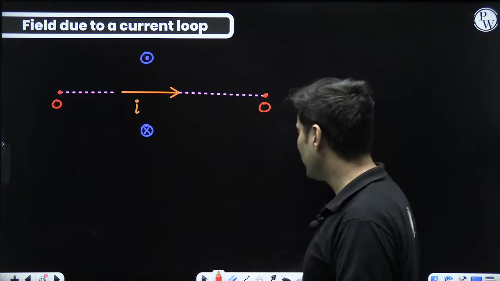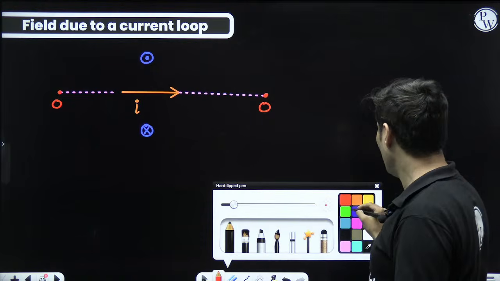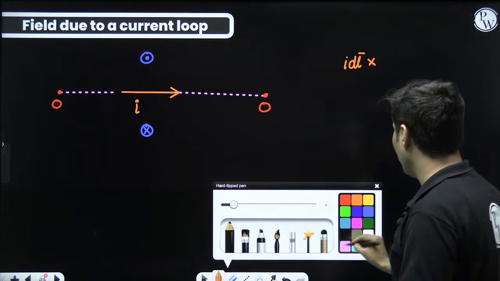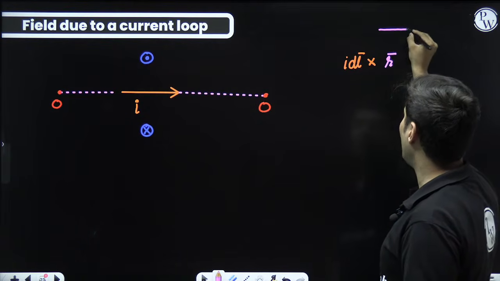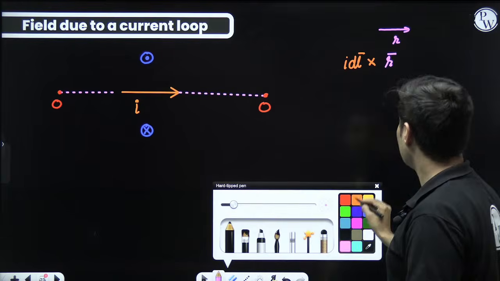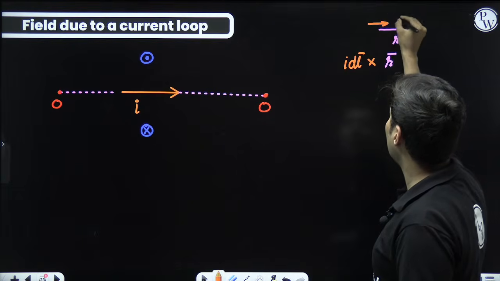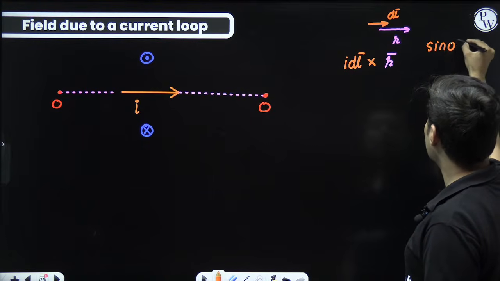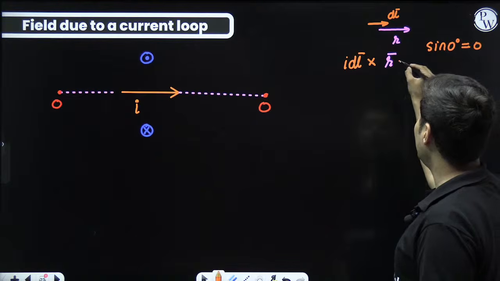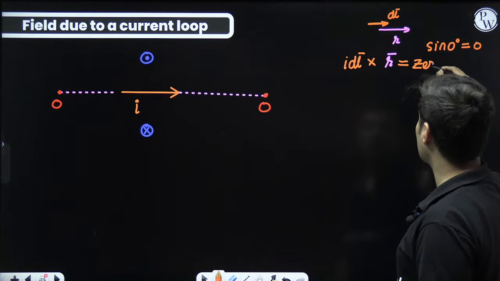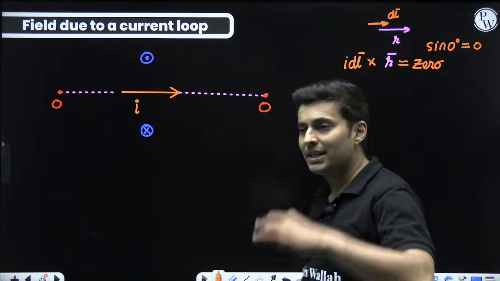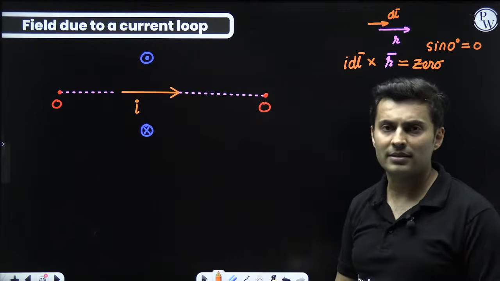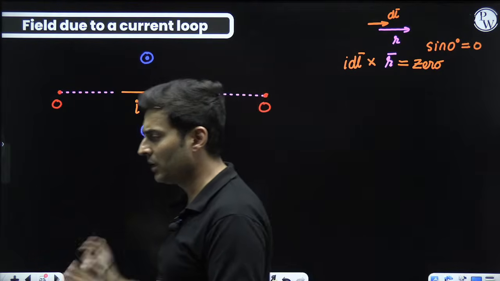One simple way to look at it is, if you do I dl cross r, notice how the r vector and the length vector are going to be in the same direction, which means sine of 0 will be 0. So I dl cross r will also be 0. That is why the magnetic field is always 0 on that line or on that axis, no matter how long or small that wire is.